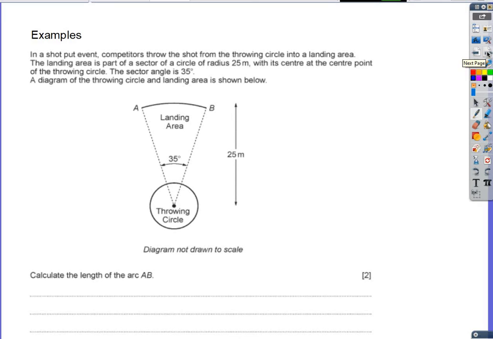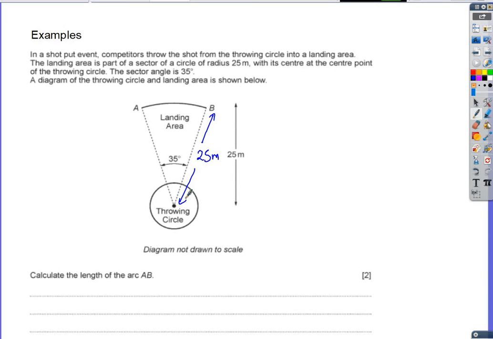Now this one looks a little bit more difficult. It's more of a numeracy type question. In a shot put event, competitors throw the shot from the throwing circle into a landing area. The landing area is part of a sector of a circle of radius 25 metres. So here it's told us that the radius is 25 metres, but I would also draw that on here to show it a bit more visually.